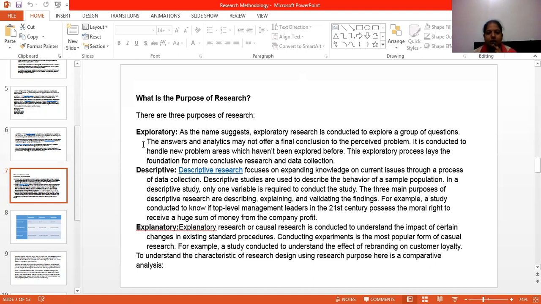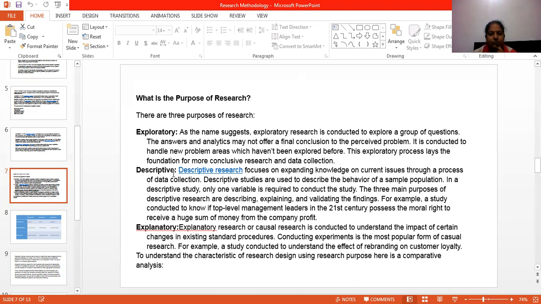The answers and analytics may not offer a final conclusion to the perceived problems. It is conducted to handle new problem areas which haven't been explored before. This exploratory process lays the foundation for more conclusive research and data collection.